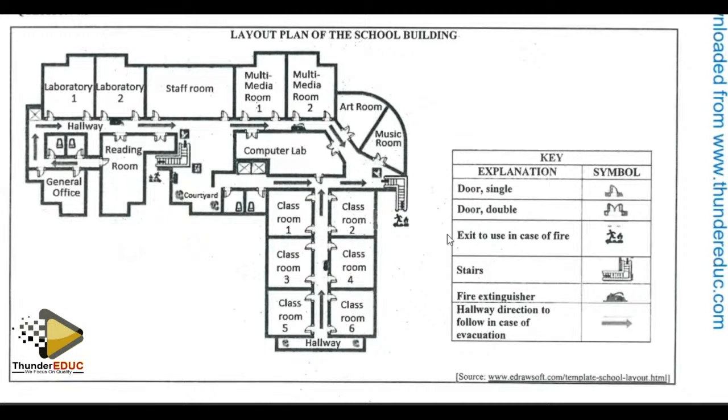So we have 1, 2, 3, 4, 5, 6, 7, 8, 9, 10, then 11, 12, 13, 14, 15, 16, 17, 18, 19, 20, 21, 26, 27, 28, 29.